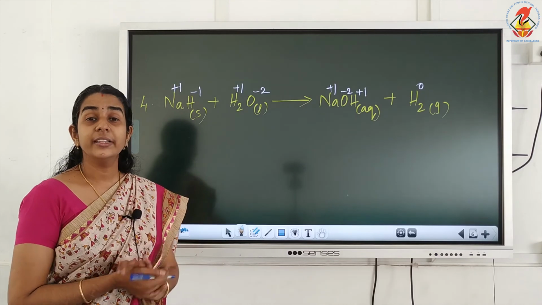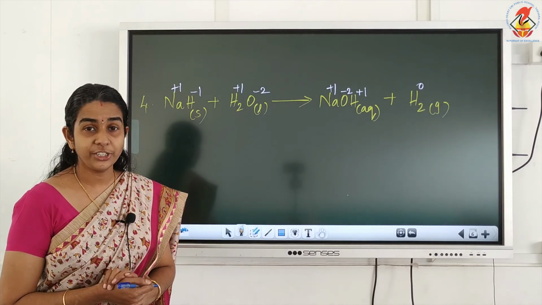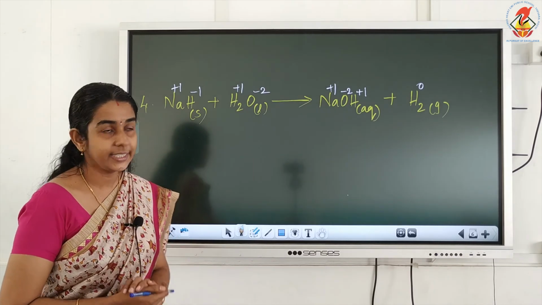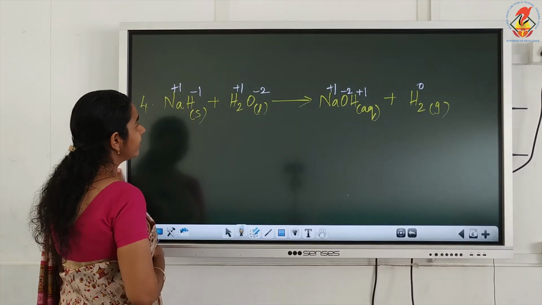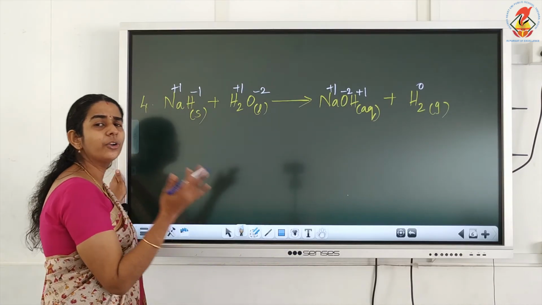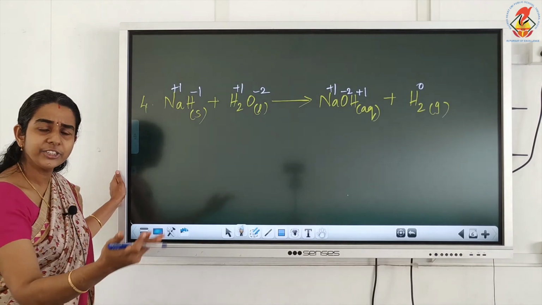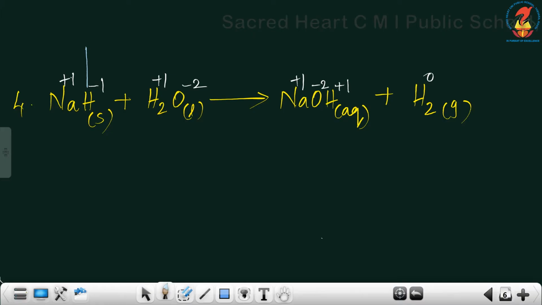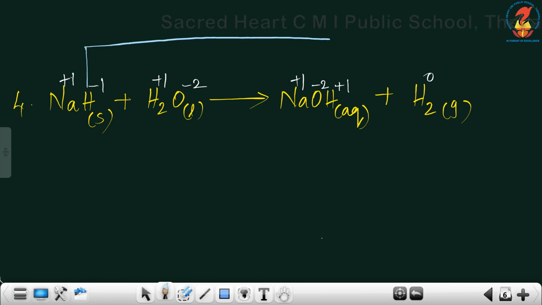So here there is only change in the oxidation state of hydrogen. Take any hydrogen on the left hand side and compare with any hydrogen on the right hand side. If I am comparing this hydrogen with this hydrogen, what is the change in oxidation number here?